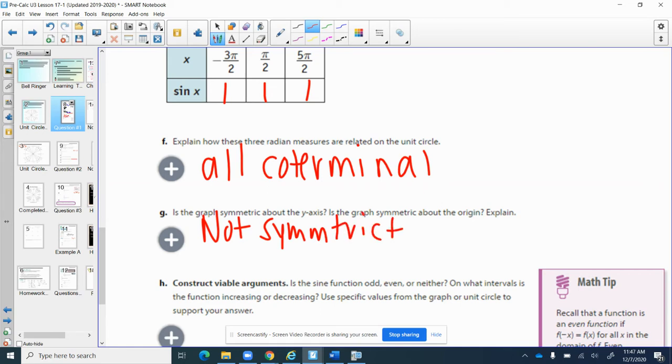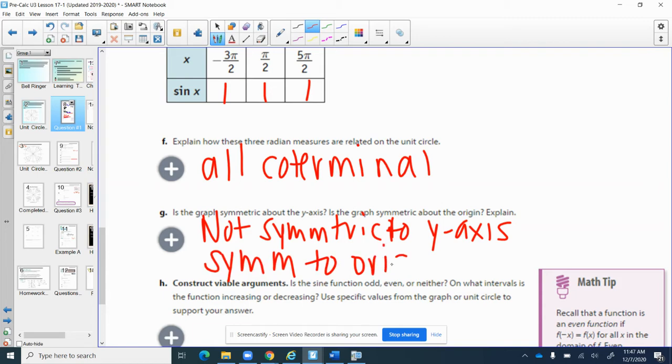What it is symmetric to is the origin, because it rotates 180 degrees, which we know means that this is going to be an odd function. So bringing back some unit 2 information.